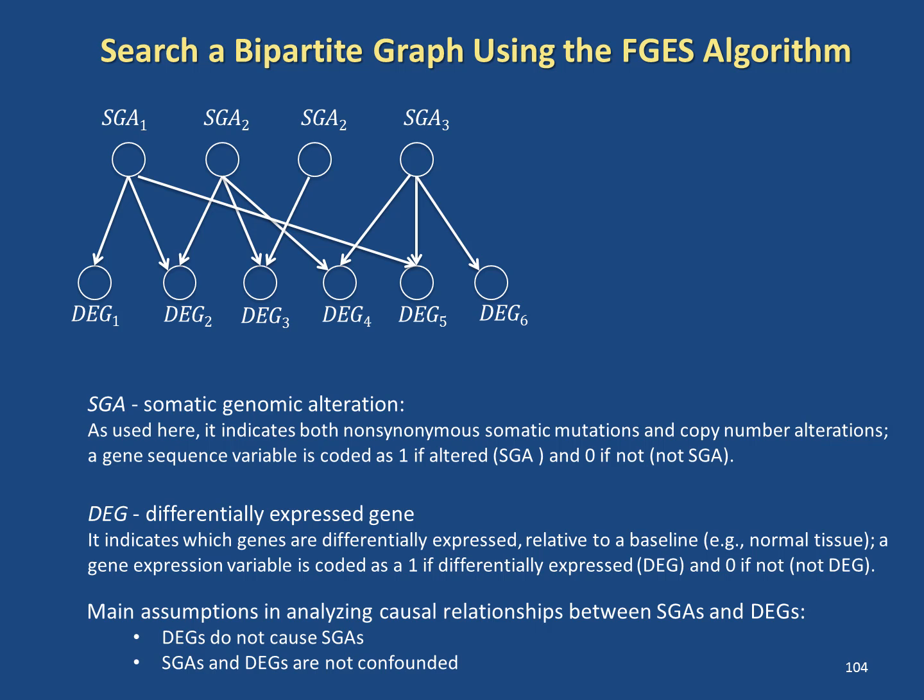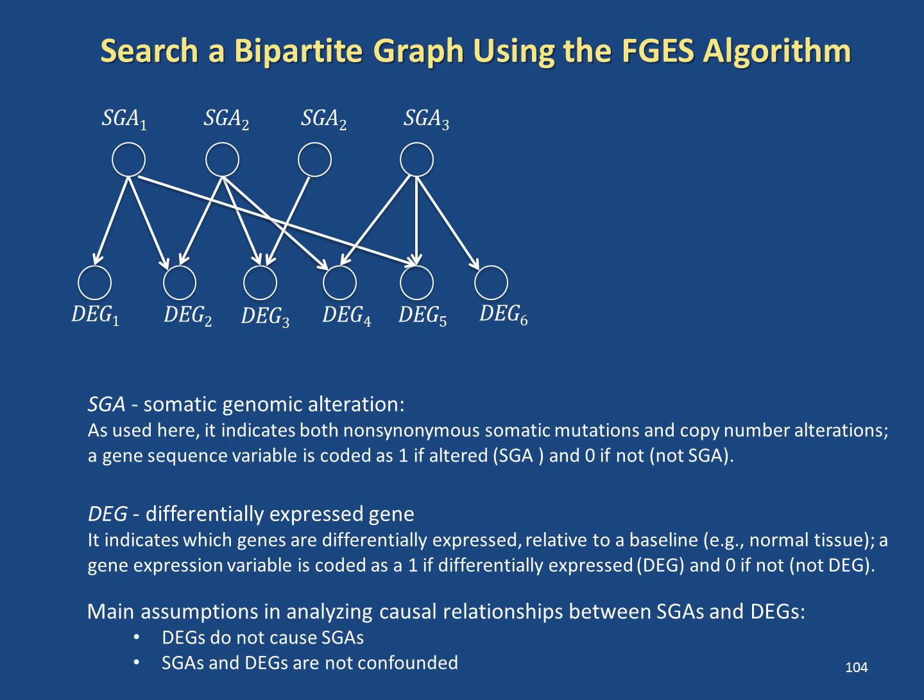So the way that these SGA variables were measured in the data set that you have is that, as I mentioned, an SGA is a non-synonymous somatic mutation, or a copy number alteration, and if that exists in a gene in a given tumor, it'll be given a 1, otherwise it's given a 0. And then the DEGs are defined as differentially expressed significantly over normal tissue for that gene.